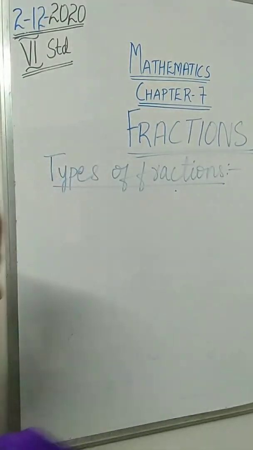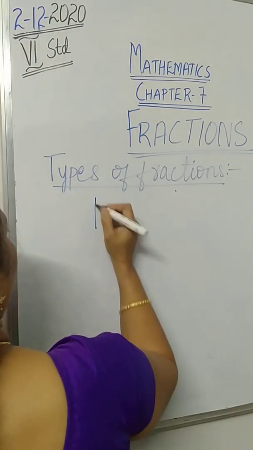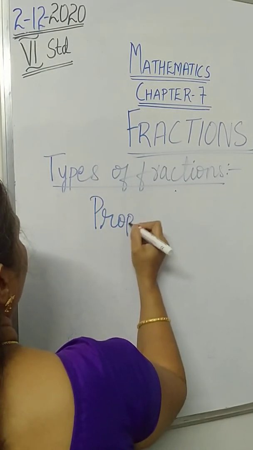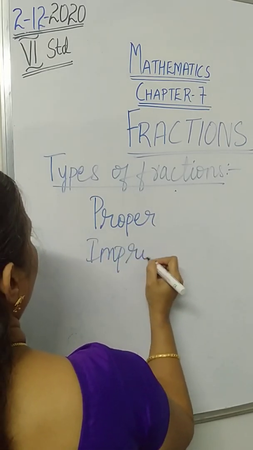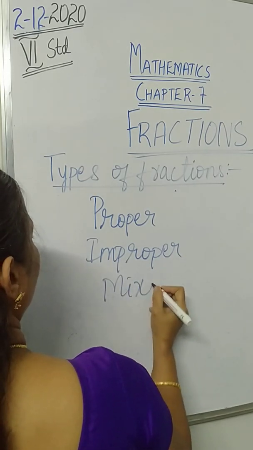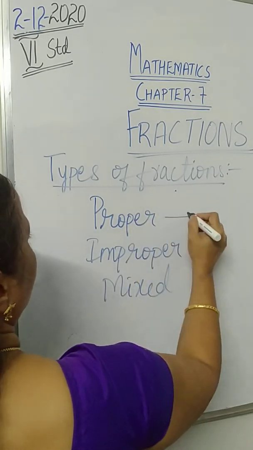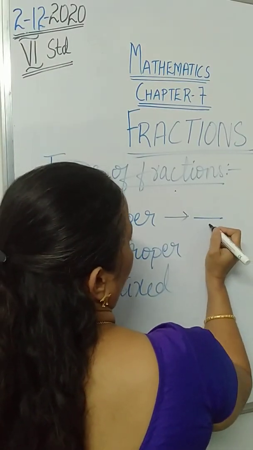That is, what have I learned? Proper fraction, improper fraction, and mixed fraction. These are the types of fractions. I'll tell you again. Proper fraction has the denominator greater than the numerator.